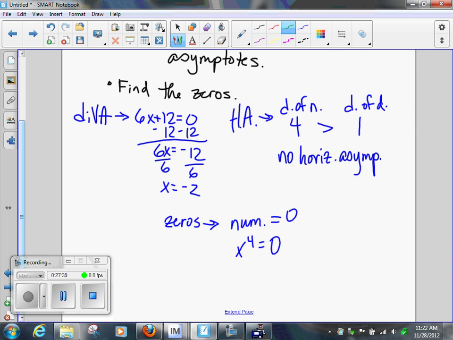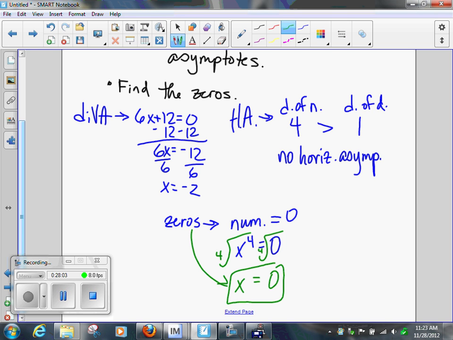Well, how are you going to solve that? 4th root. What's the 4th root of 0? 0. And when you verify that with your calculator, do you not get that the origin is the 0 of that function? Okay? Do I have to do anything else? Nope. I've done everything that it said to do.